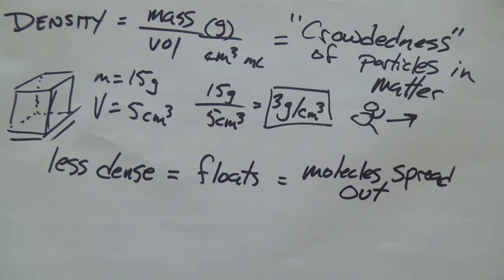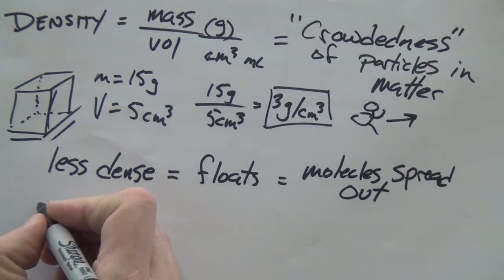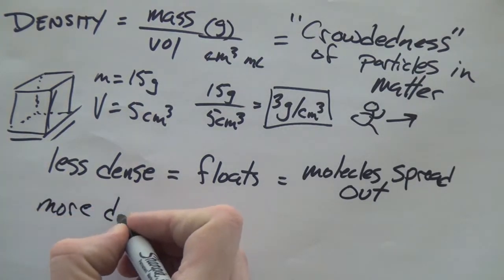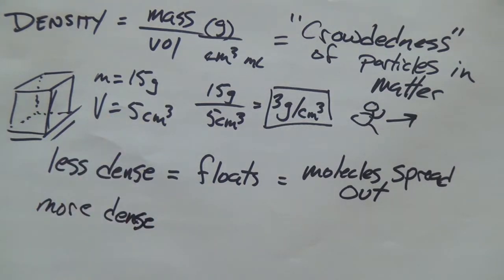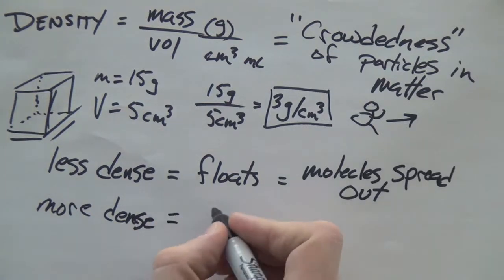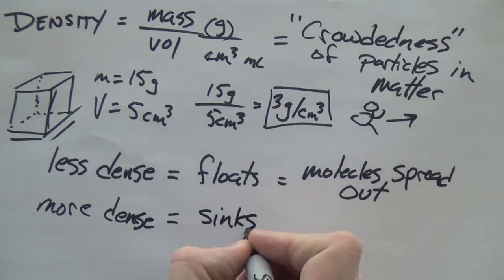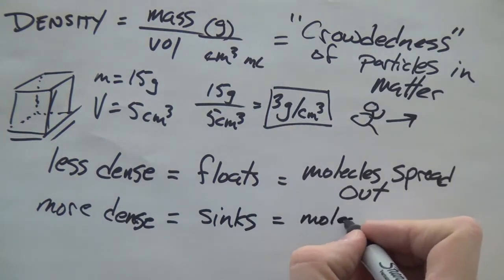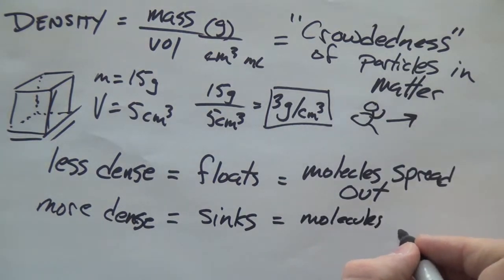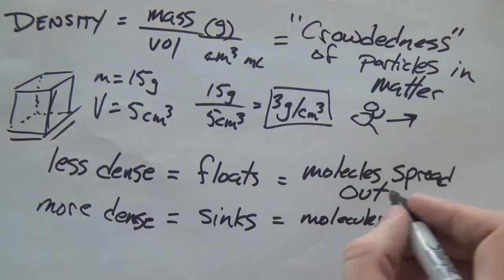And if you say something is more dense, because these are the terms that are being thrown around in class, what's more dense mean? What's less dense? Well, more dense means it sinks, which means that the molecules are close together.